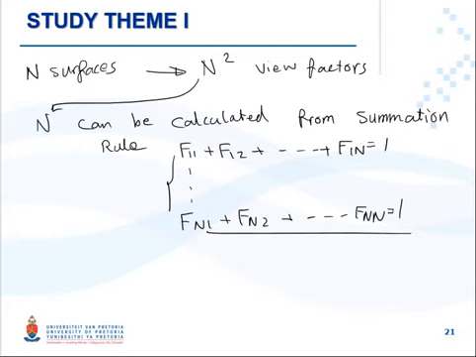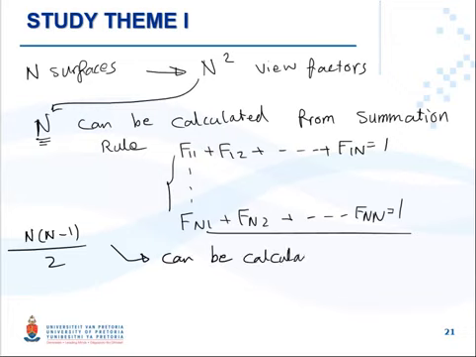So n out of n squared view factors can be found from the summation rule. N times n minus 1, divided by 2, can be calculated from reciprocity.